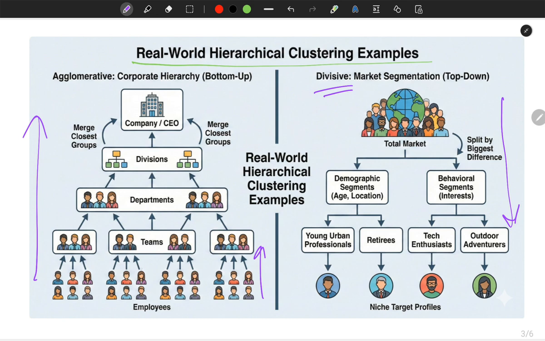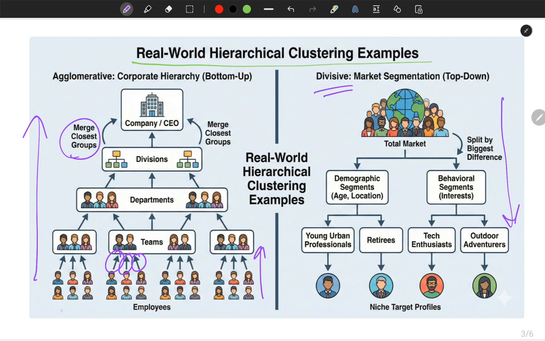The arrows are pointing upwards, indicating a merging process. As we see, we merge the closest groups. Whichever employees are closer, they are merged together.